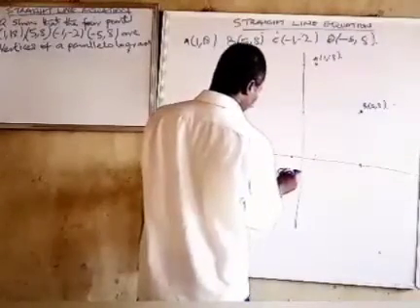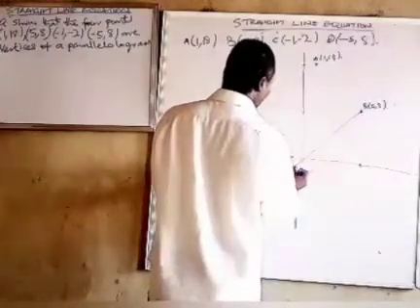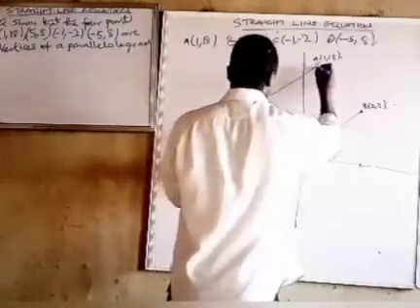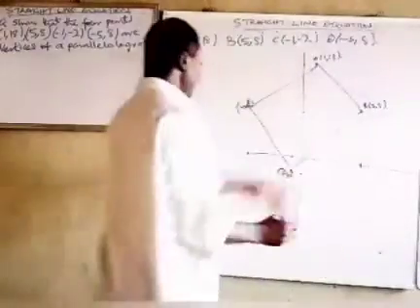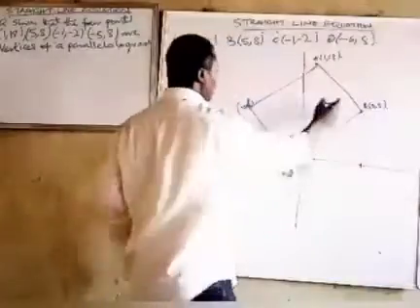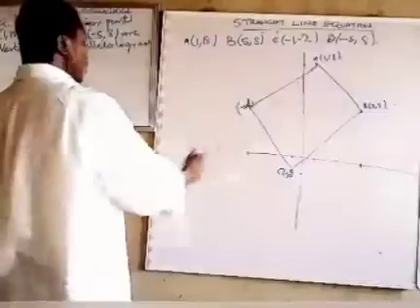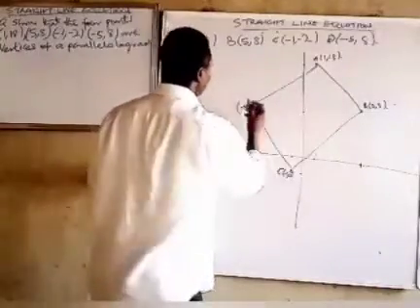So this is what it will look like. From our drawing, it means that AB should be parallel to DC and AD should be parallel to BC. We also know that the opposite sides of a parallelogram are equal. So let's quickly check. What are the gradients of AD?